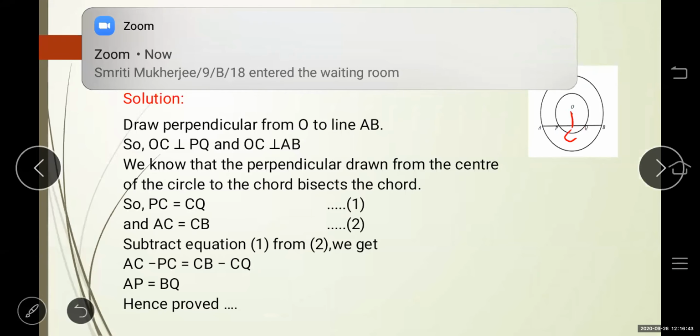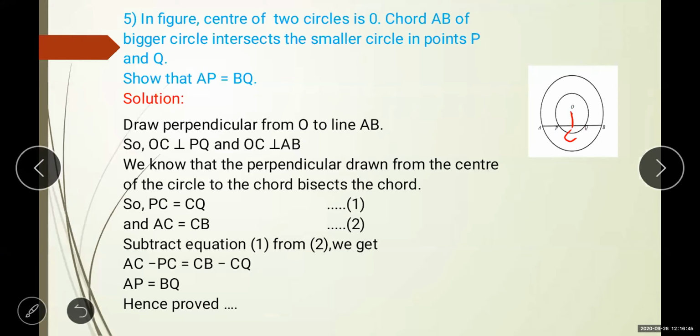So we are talking about the smaller circle and the bigger circle. If you are talking about the smaller circle, this OC is perpendicular to PQ. And if you are talking about the bigger circle, then that OC is perpendicular to AB. We know that the perpendicular drawn from the center of the circle to the chord bisects the chord. We know this property, we proved it also.